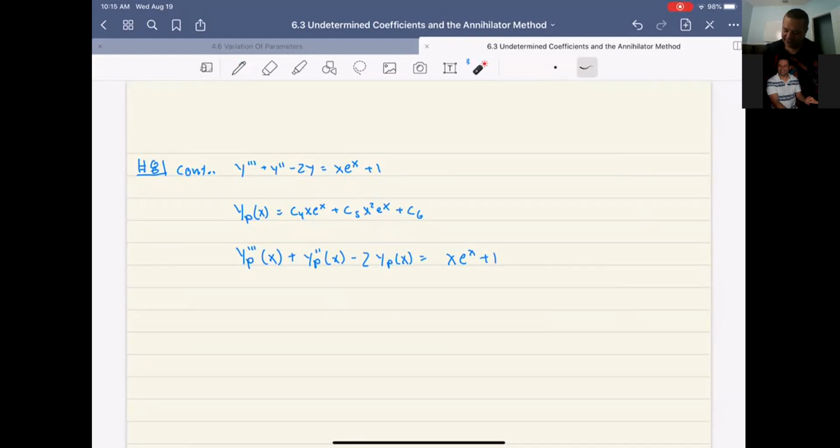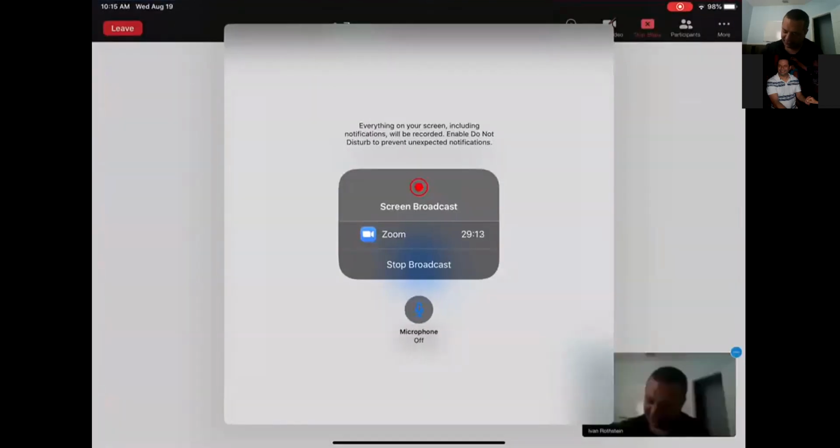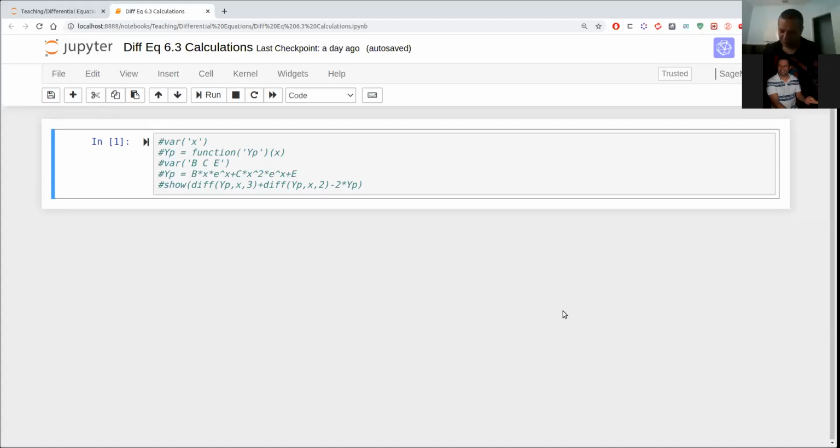I'm going to go ahead and stop sharing my screen here. Okay, here we go. I've actually set it up already for us, but I wanted to do it line by line.